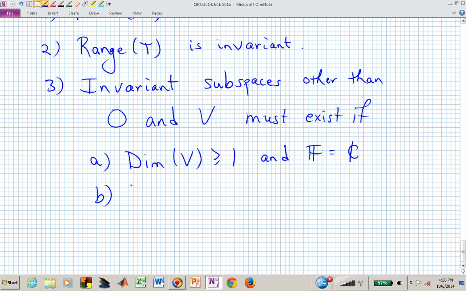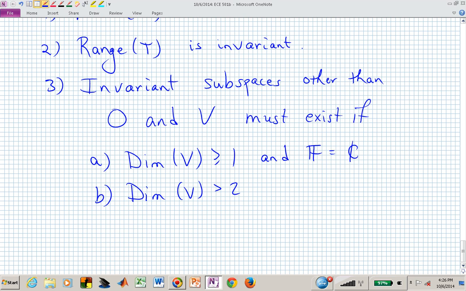And if the dimension of V is more than 2, because in the very first part of today's lecture, we saw an example that was a 2 by 2 matrix that did not have any real eigenvalues.